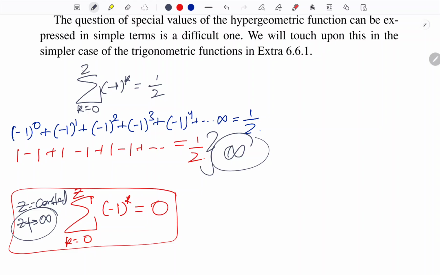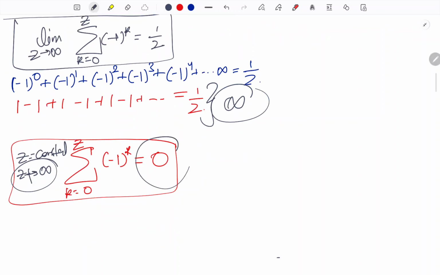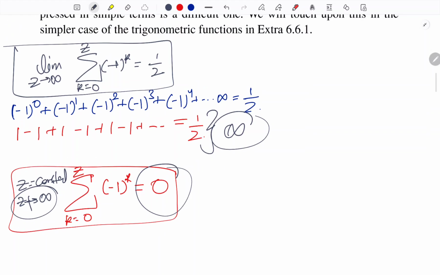And you know what z is? The limit as z tends to infinity. And that's why this thing is true, because you plug z as infinity. But when z is a constant, you're just going to have 0 as an answer. Because z is infinity, that's why you are having 1 over 2. It's impossible to believe, but yeah, it's true.